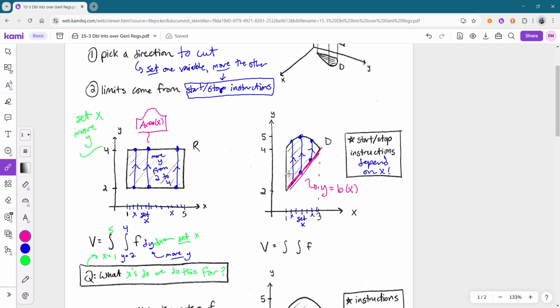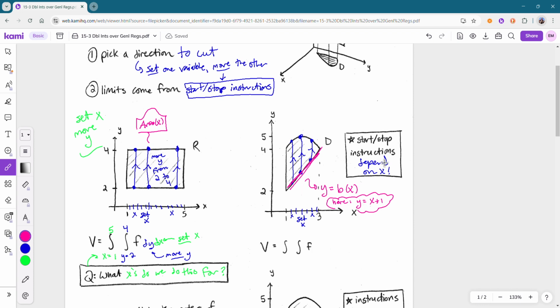And here, since I've actually drawn this as a line, we can actually get a formula for it. It has a slope of 1, and it would actually connect up at positive 1 on the y-axis. So here, this formula would be y equals x plus 1. This is telling us the y value to start at, depending on what x we choose.